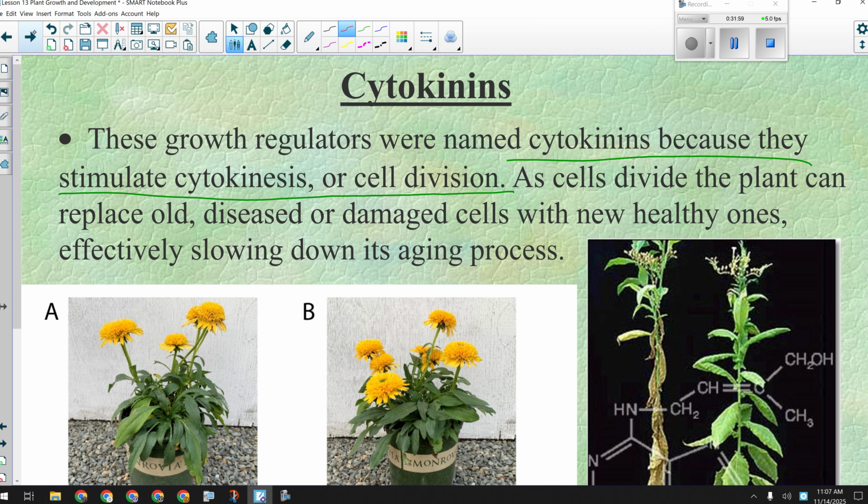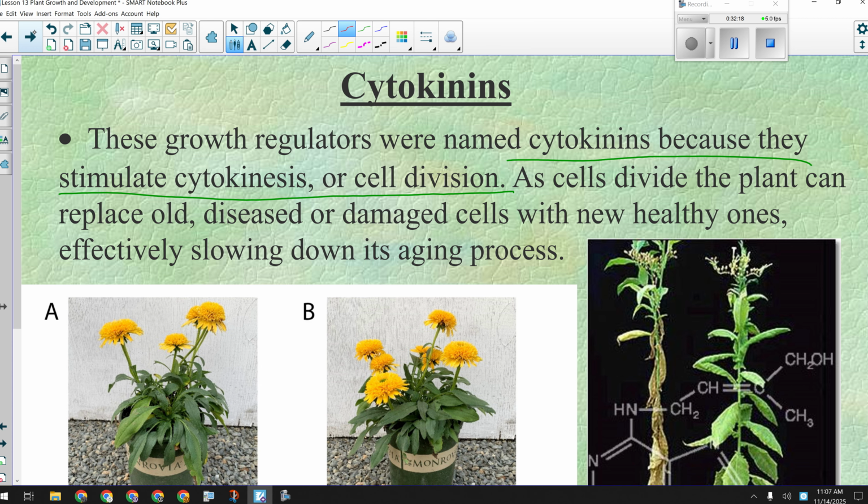So cytokinesis is important. We need cells to divide because sometimes we need to replace cells that have been damaged, or they got sick, or they just got old and died. And we need to replace them. So cytokinins cause cell division, which can then replace or grow new tissue.